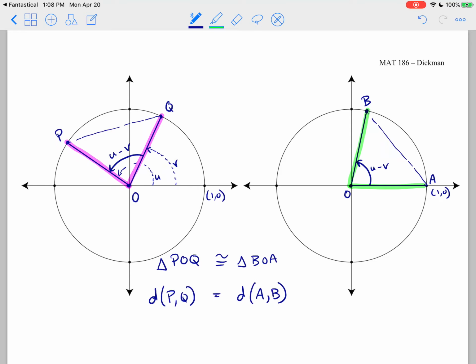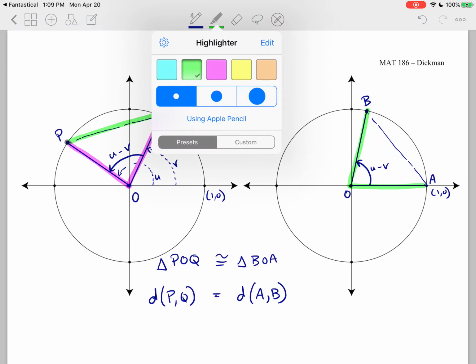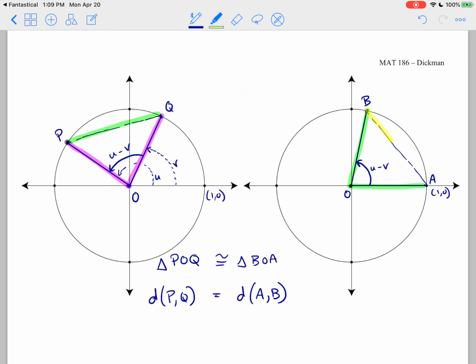All right, does that make sense? So those distances, and I'll highlight those here. So this distance PQ has to be the same as this distance AB. All right.